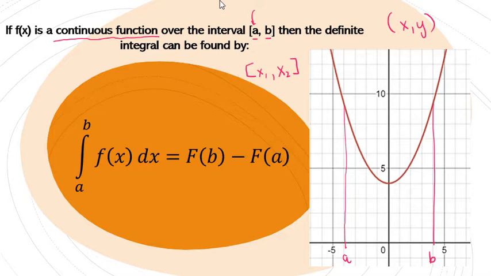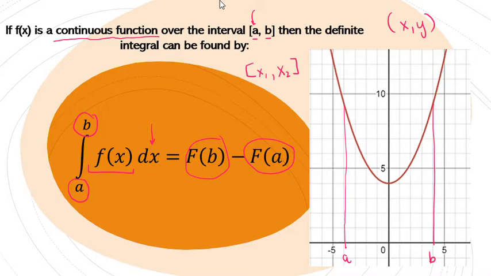Likewise, when you do the math, your a value goes on the bottom of the integral sign and your b value goes on the top. Here's our integrand with respect to x, but how we actually do the math is we take the antiderivative at b and we subtract the antiderivative at a.